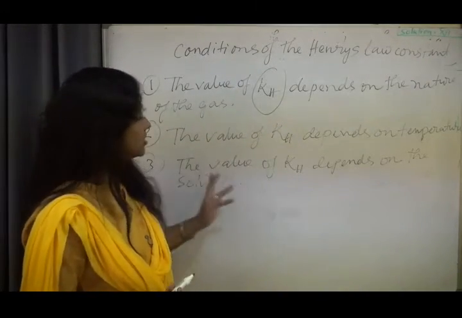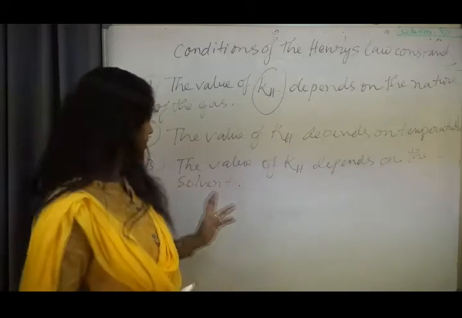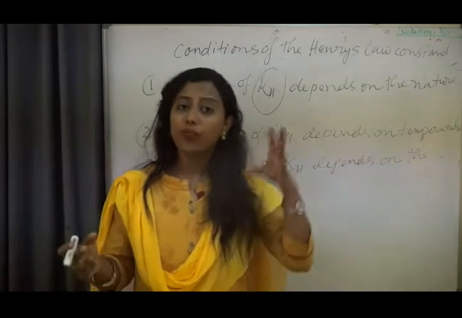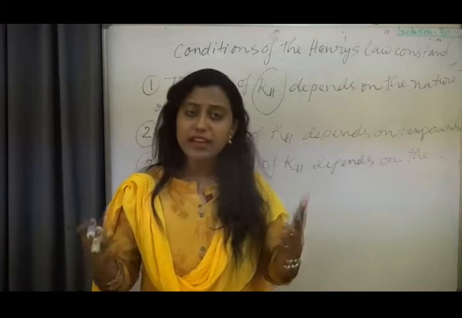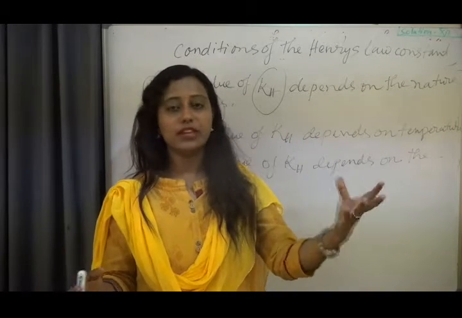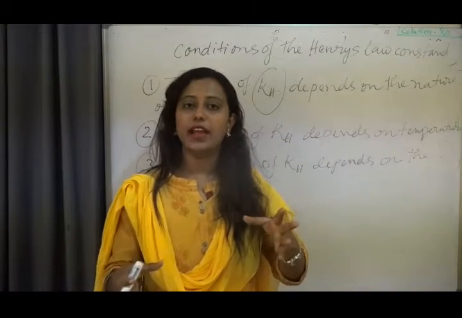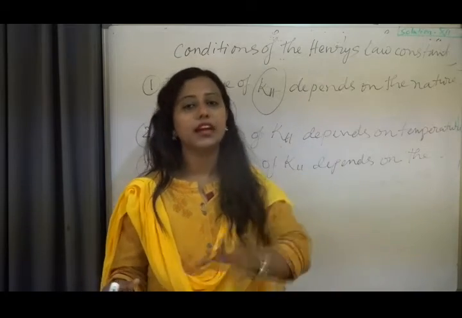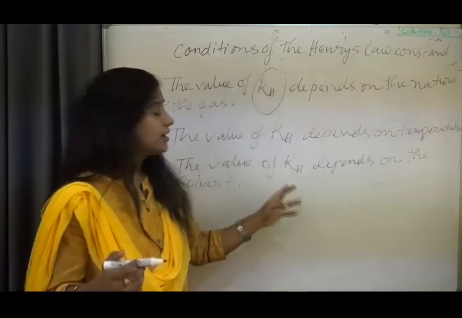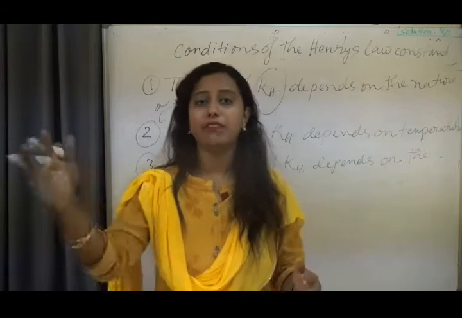And it also depends on the nature of the solvent, in which solvent the gas is mixing. Suppose O2 is mixing with water and O2 is mixing with ethanol. Then the Henry's law constant will differ.